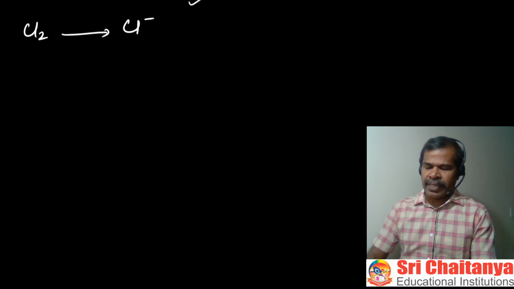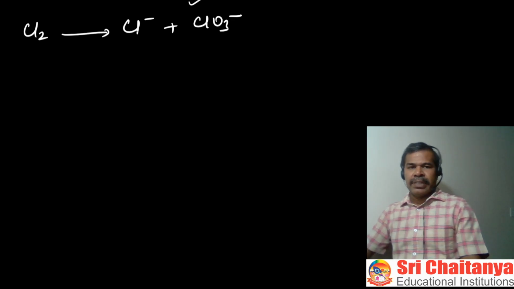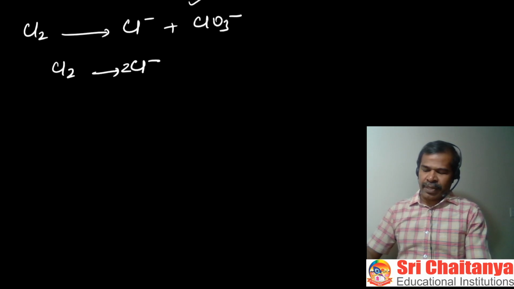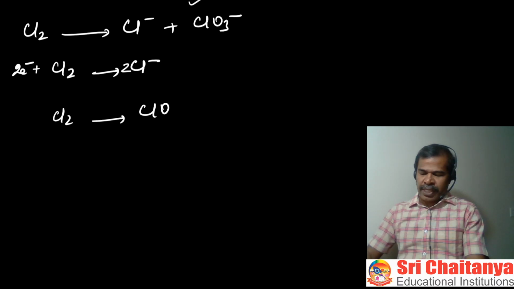Let's see one more example of disproportionation: Cl2 giving Cl- plus ClO3-. I will work it out the same way. Cl2 changing to Cl-: 2 chlorines, so you put 2 here, and we need to add 2 electrons so that the reaction is balanced. The same thing for Cl2 changing to ClO3-. Don't balance anything else.